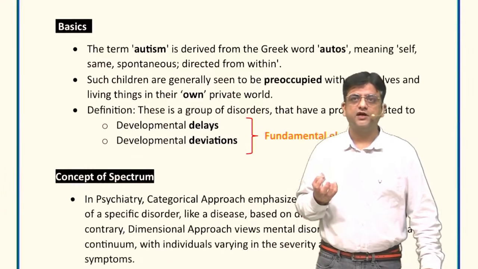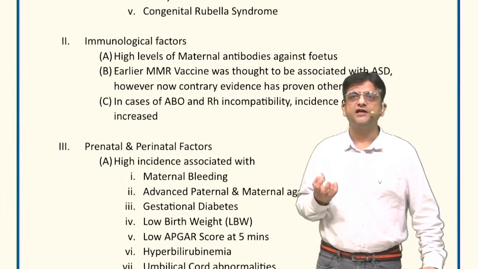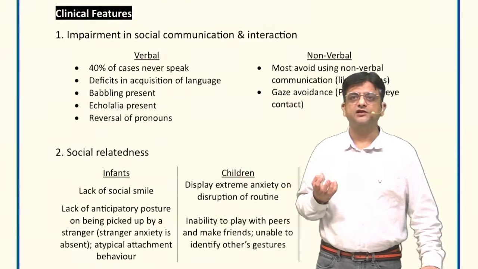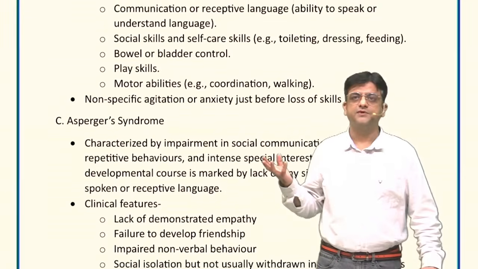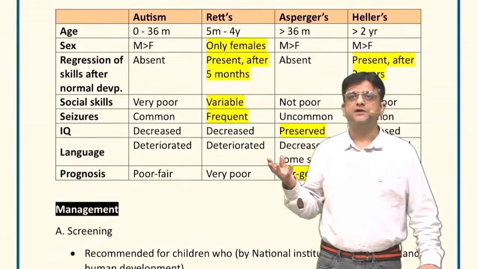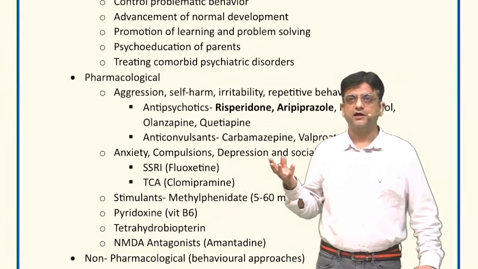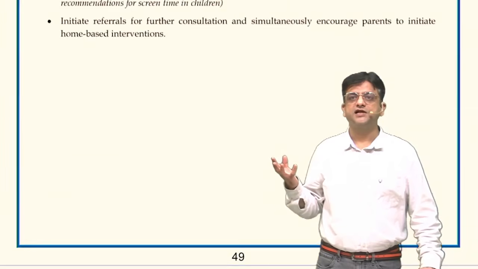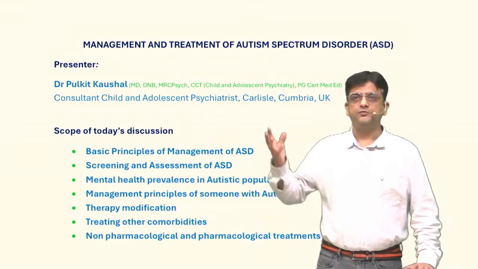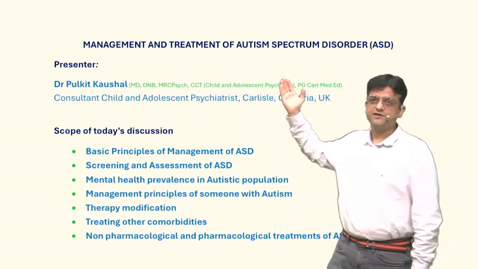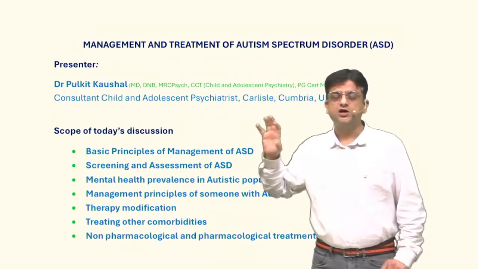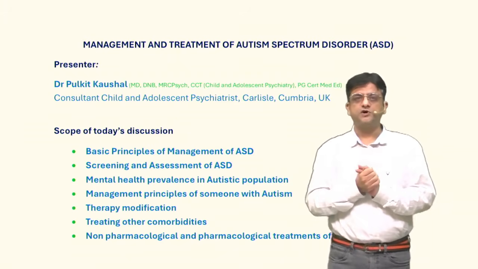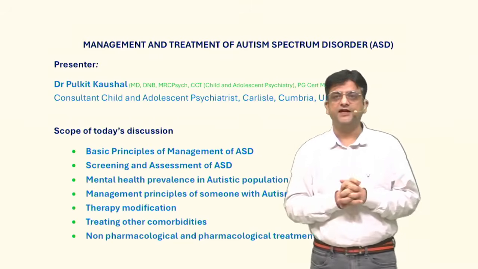And as I was saying, autism is given in too much detail. In this autism chapter we have added all the neurobiology, the neuronal firing, the mu neurons concept, mu waves concept, and the latest thing added in this chapter is a special chapter by Dr. Pulkit Kaushal, Management and Treatment of Autism Spectrum Disorder, the latest concepts which he has recorded this year itself. It is the 2026 add-on to our child psychiatry series of lectures.